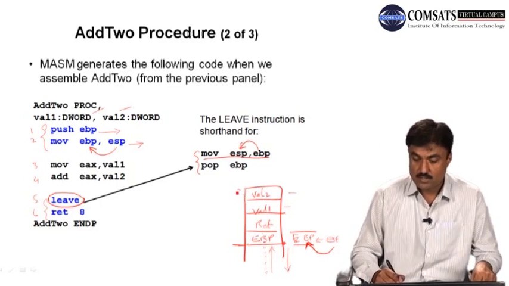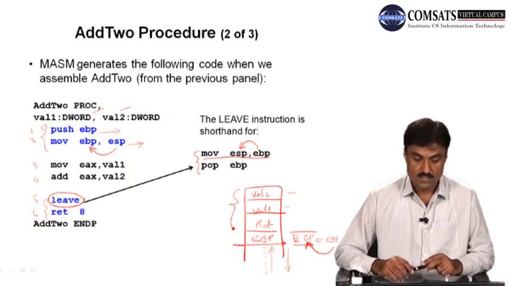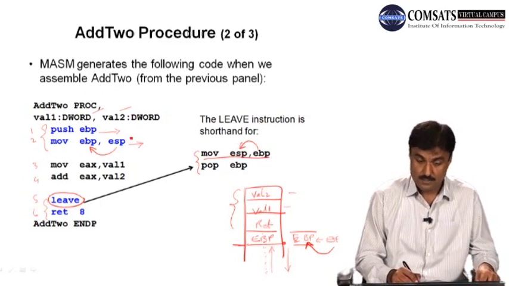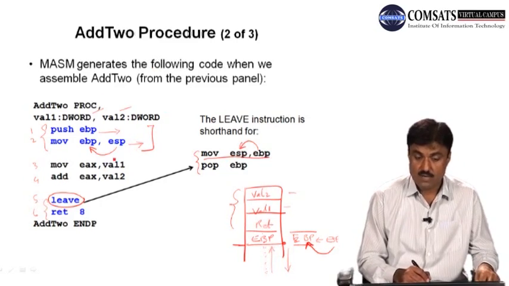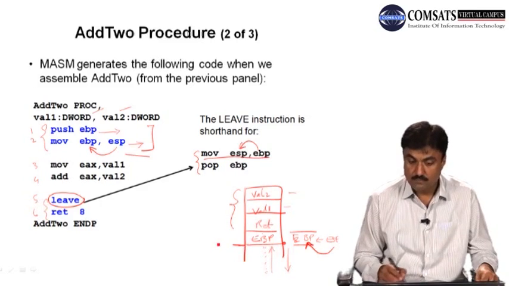That value is required to access val2 and val1, and also we know that there is a return address. We have stored push EBP, and we have the ESP and so on. So up to this point our stack looks like this.